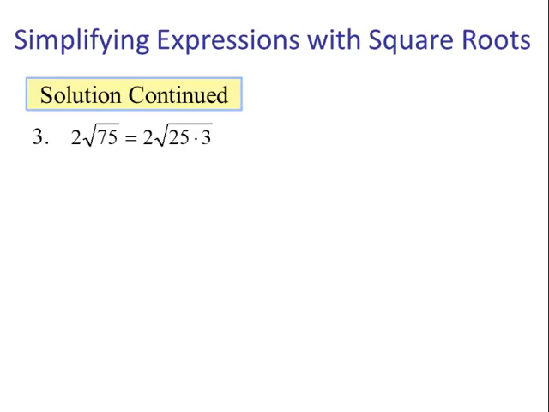Using the product property, we can split this up as 2 times the square root of 25 times the square root of 3. The square root of 25 is 5. So we have 2 times 5 times the square root of 3, which gives us 10 times the square root of 3. So we can say 2 radical 75 simplified is 10 radical 3.